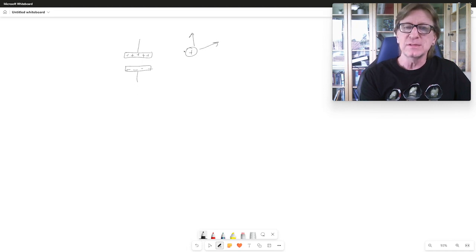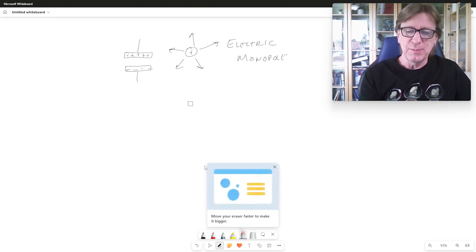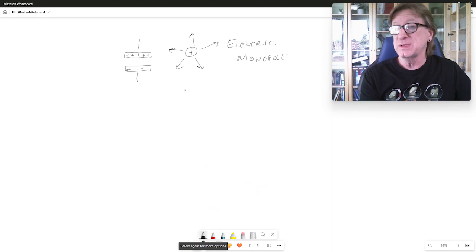And the field lines kind of look like this. So this is called an electric monopole. And mono, of course, just means one. And so this, because it's positive, it's got a single pole. I could also swap it. I could make it negative, and it would still be a single pole.